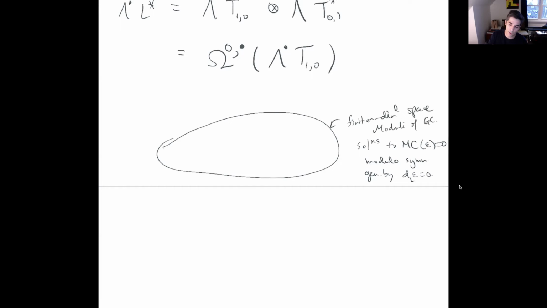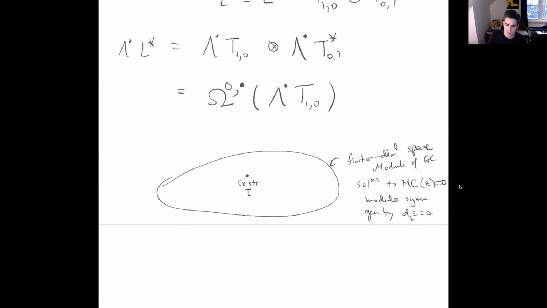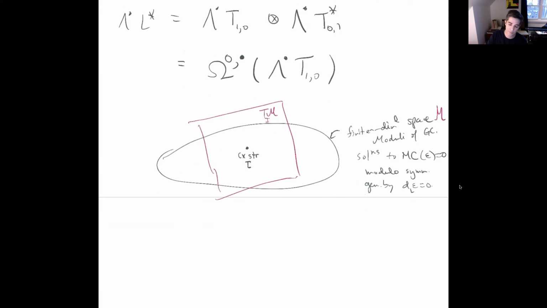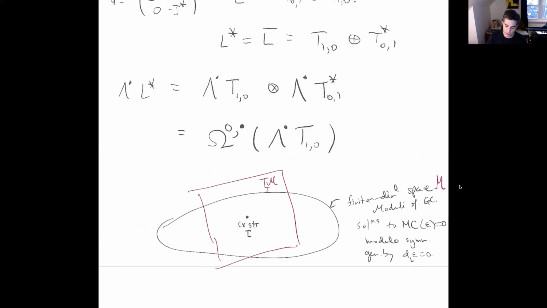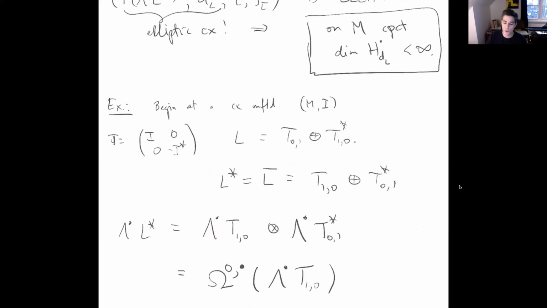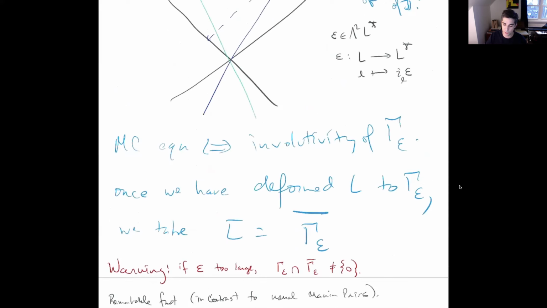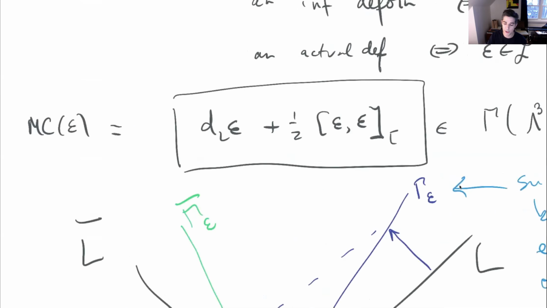And we have a point, which is the original complex structure, I. And if we were interested in the tangent space to the moduli space at the complex structure, what that means is that this space consists of solutions to the Maurer-Cartan equation, solutions to this nonlinear equation, right?